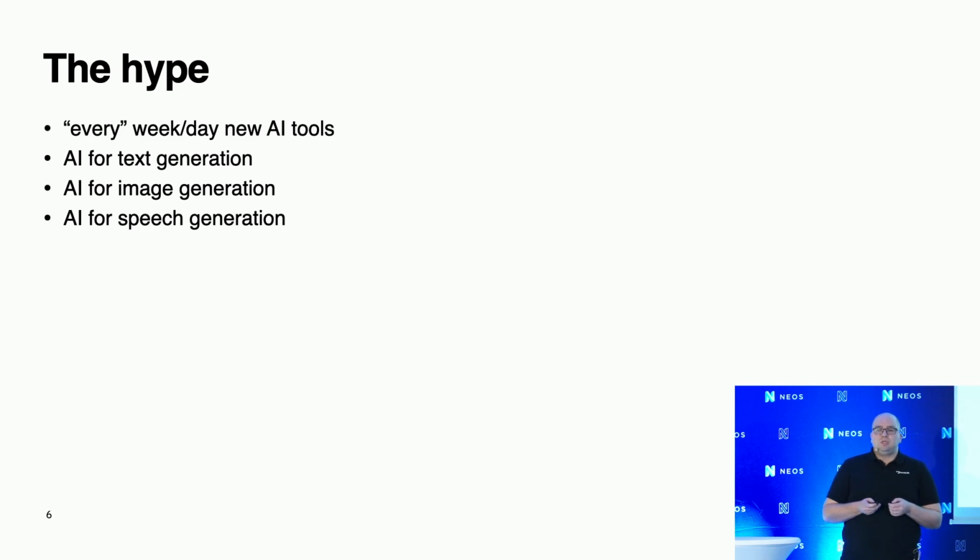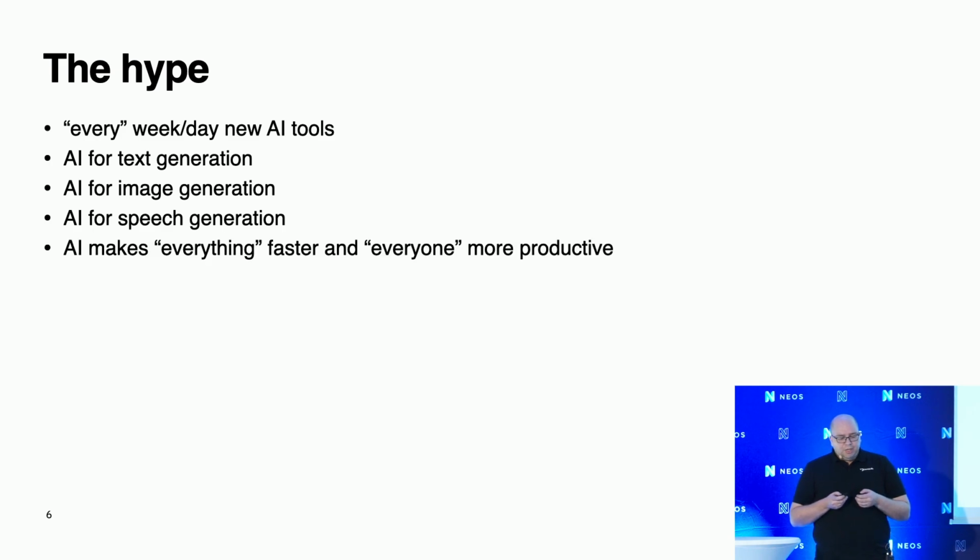And if you follow the news, at the beginning of this year there was also an AI tool for video generation from OpenAI. It seemed like AI was everywhere, and everywhere there was this promise of AI making everything faster, better, and making everyone more productive.